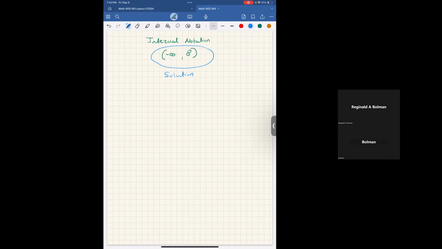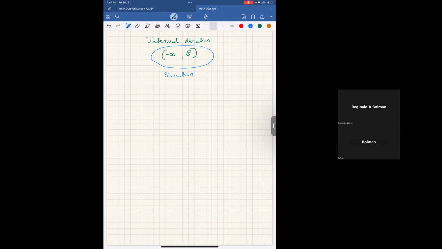Now, just a little bit of an explanation about negative infinity. Negative infinity is not a real number. And what we mean by this is infinity is a concept. It's a concept for something that's very, very large. And as there exist a number of different types of infinities, as it would turn out, infinity isn't actually that useful as a concept, other than to just say that this is a really, really large number.